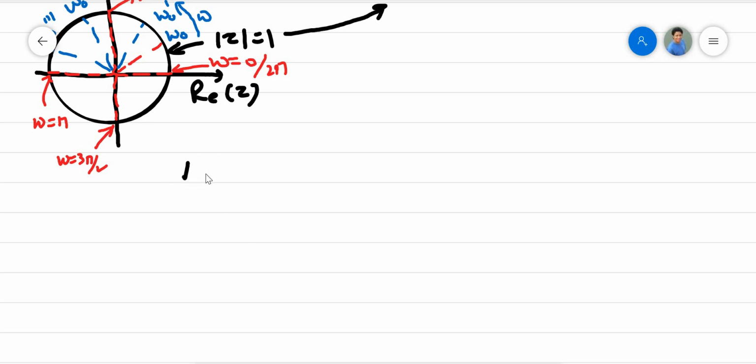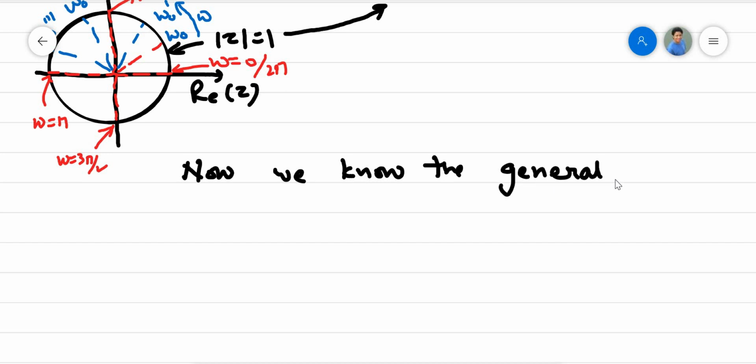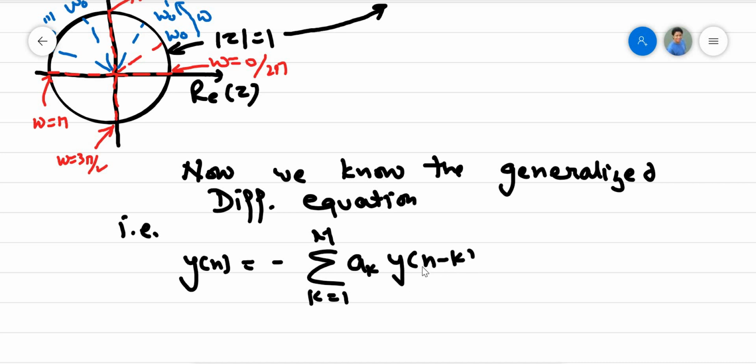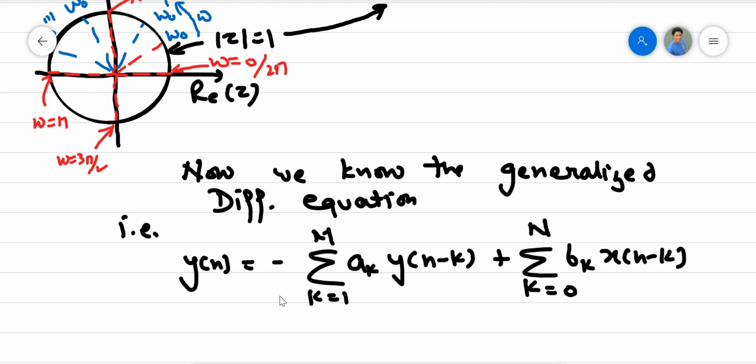Now we know the generalized difference equation, that is y(n) is equal to minus summation k equals 1 to M a_k y(n minus k) plus summation k equals 0 to N b_k x(n minus k), right?